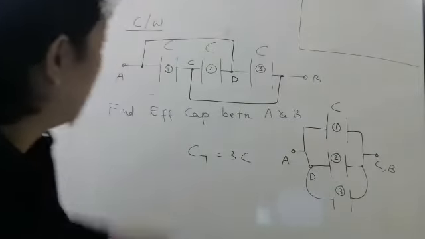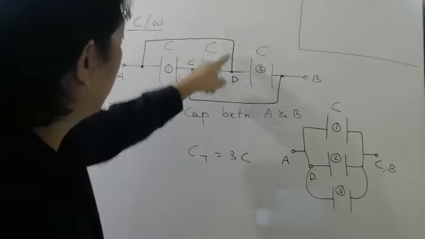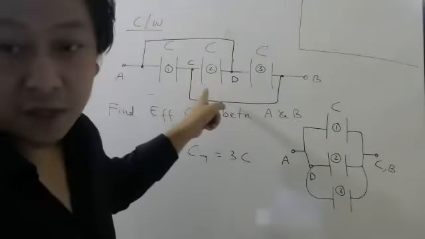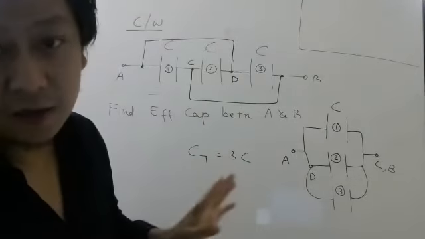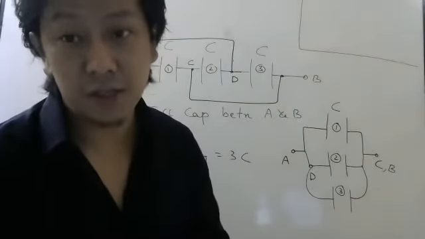Sanjay, look here. These three capacitors are given. These wires are connected. Okay. So right now it is difficult to check whether it is in series or parallel. So what you do, you redraw the circuit. Sanjay, redraw the circuit.